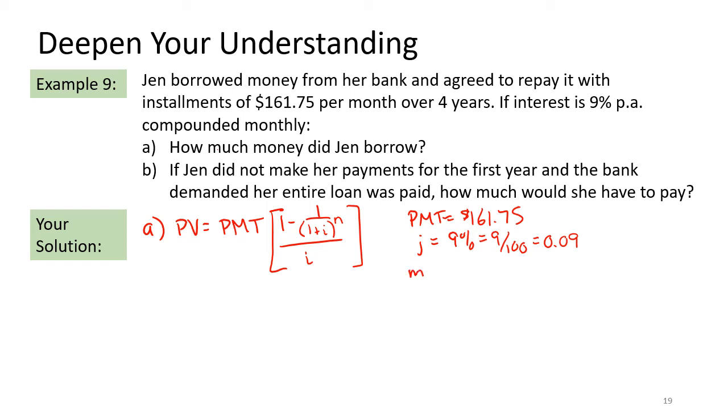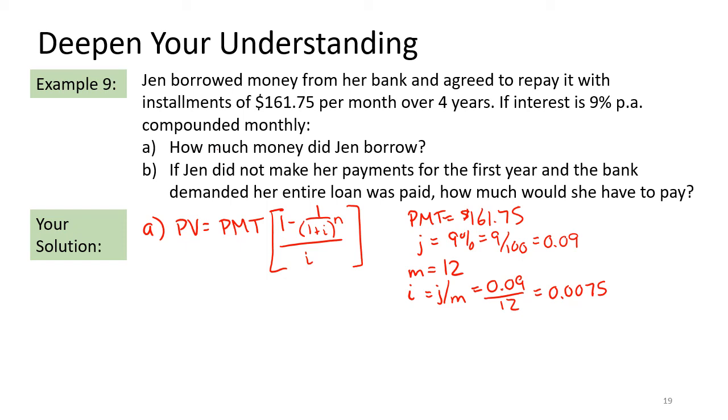You also know that it's compounded monthly, so M must be 12. So that means you could find your periodic interest rate I, which is J divided by M, or 0.09 divided by 12, which gives us 0.0075.